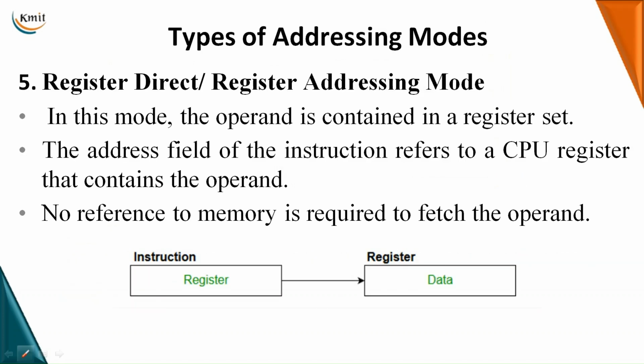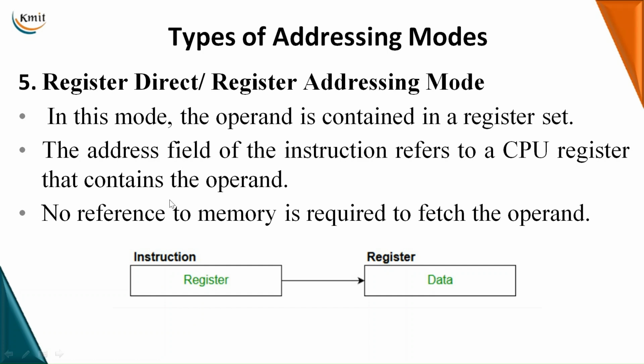The next type of addressing mode is the register addressing mode, or you can also call it the register direct addressing mode. In this mode, the operand is contained in a register present in the register set. The address field of an instruction contains the name of a register which contains the operand.